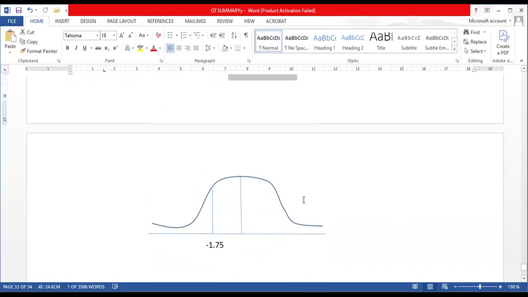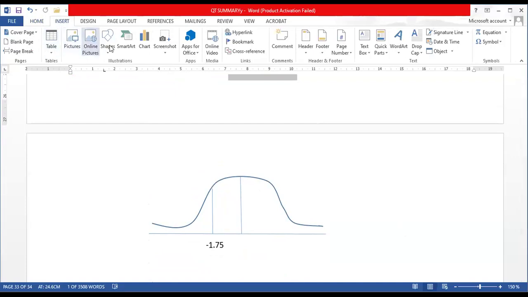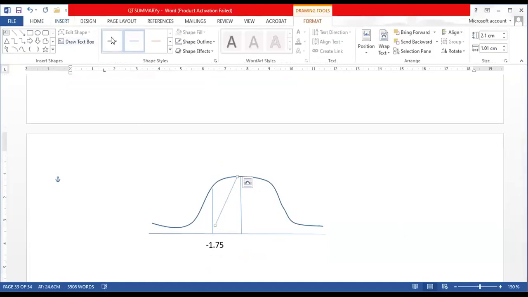You shade the right side, because it's where you find values that are greater than negative 1.75. Please take note, you shade where you want. It is not like linear programming where you shade the unwanted region. Shade where you are interested in.